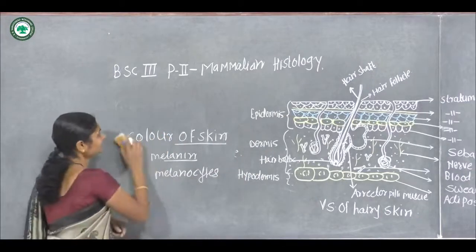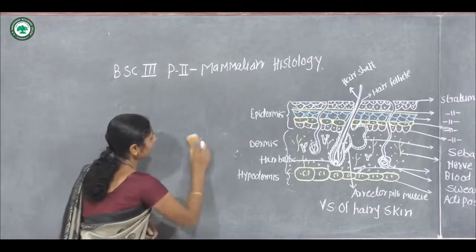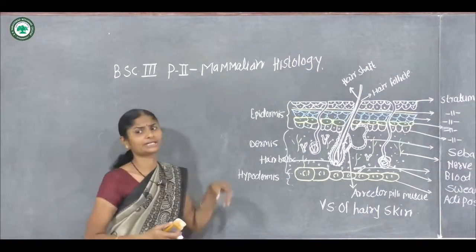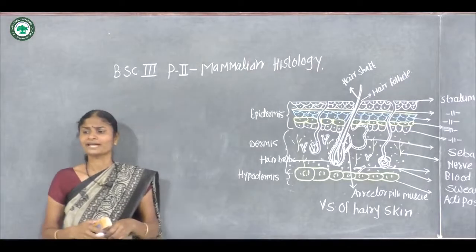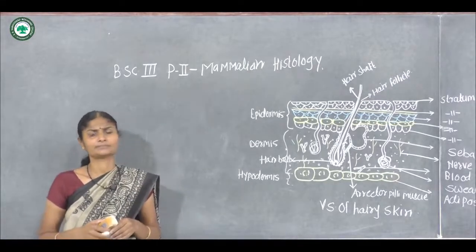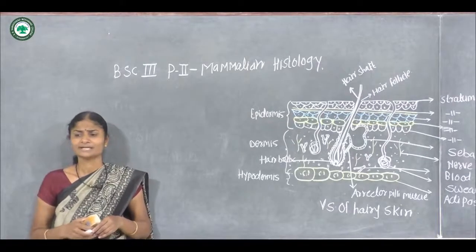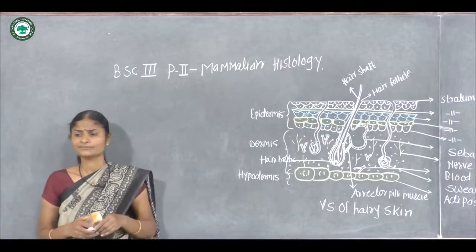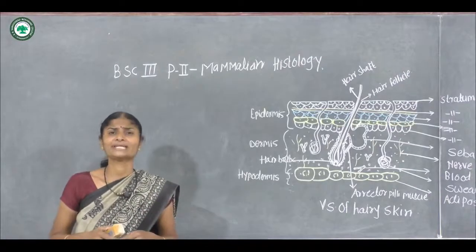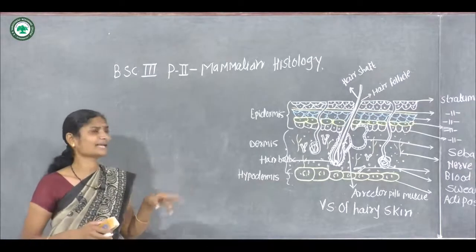Next layer is dermis. This dermis layer is a connective tissue layer below the epidermis. Melanin pigment may also be present in this layer.